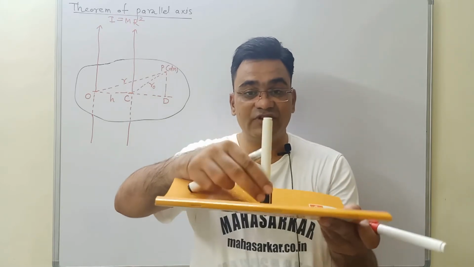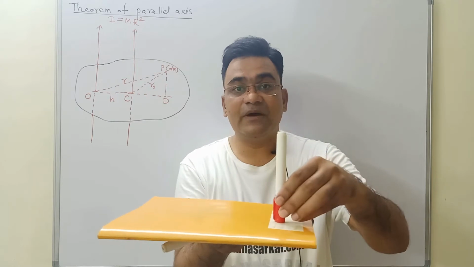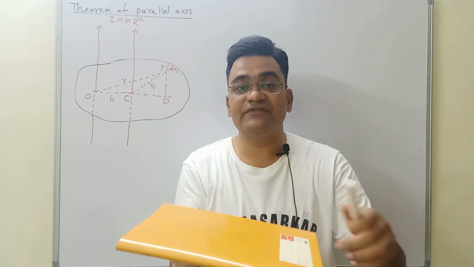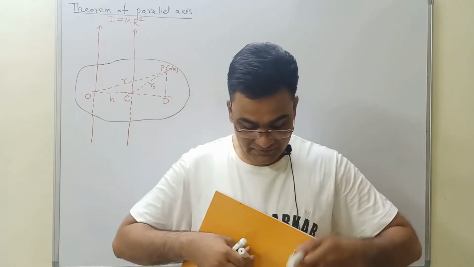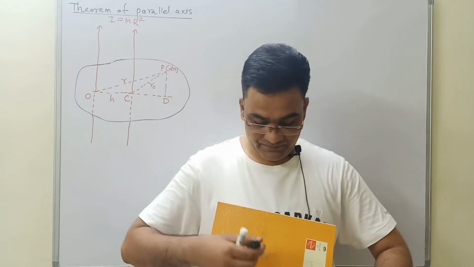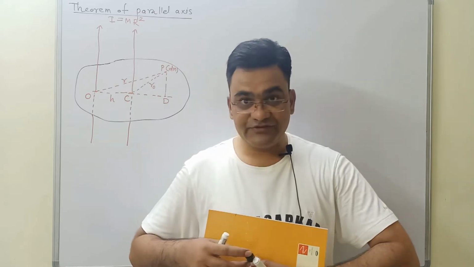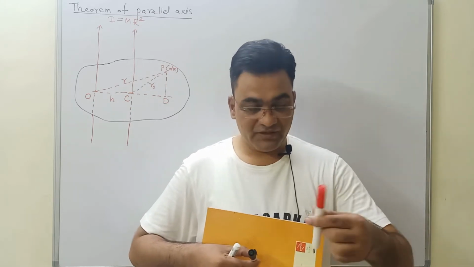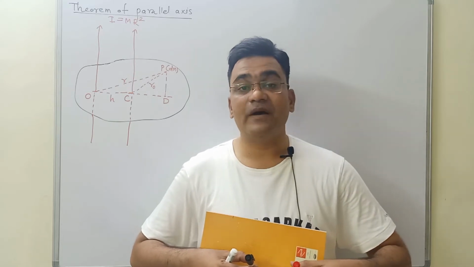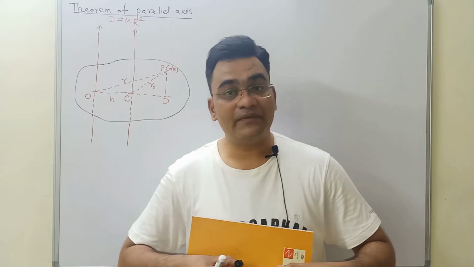So the first axis is passing through the center of mass and the second axis is passing through any point, but both axes are parallel. Here, this black marker indicates the axis passing through the center of mass and this red marker indicates the axis passing through any point but parallel to the initial center of mass axis.